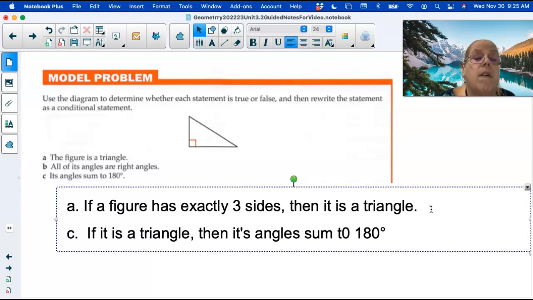Okay? And if all its angles are right angles, it's certainly not a triangle, because a triangle has 3 angles. You can't have 3 90-degree angles in a triangle. It'd be too many. Okay? Moving right along.